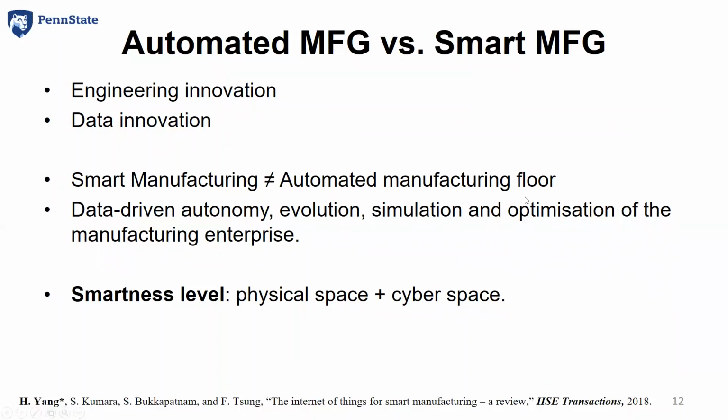Automated manufacturing is more about engineering innovations, but smart manufacturing is more about data innovations. Smart manufacturing is not just automating the manufacturing flow. It is more about the data-driven autonomy, evolution, simulation, and optimization of manufacturing enterprises.